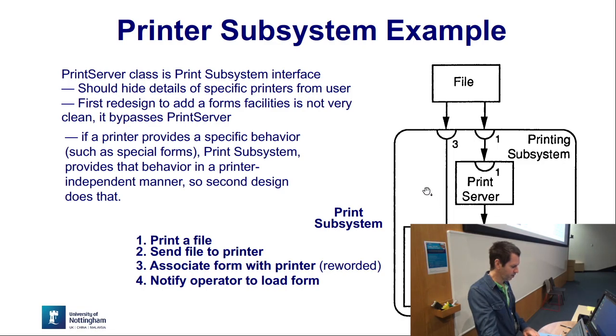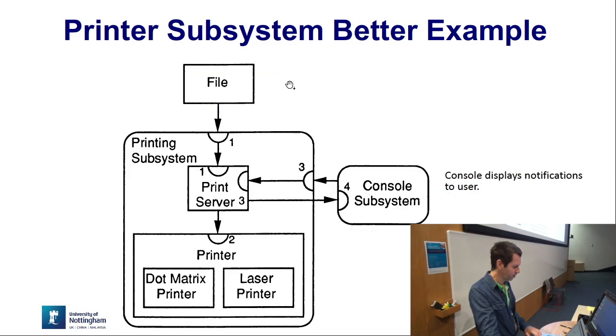So actually there's a way we can improve this, right? If the dot matrix printer breaks, which happens a lot, and we just want it to go to a laser printer or an inkjet printer, we don't want to think about it. So this is a better example. We have just one contract, and then the print server handles the details about which printer a file is associated with.